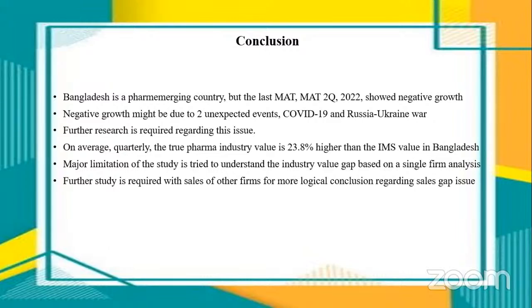IMS not only supplies data in Bangladesh, they also supply data in India, Pakistan, Sri Lanka, and in Asia, IMS is the only giant to share the pharmaceutical industrial value, and they also provide data for countries other than Asian ones. So we must rely on the IMS data, but we can do some statistical analysis just to understand the gap between the actual sales value and the IMS sales value.